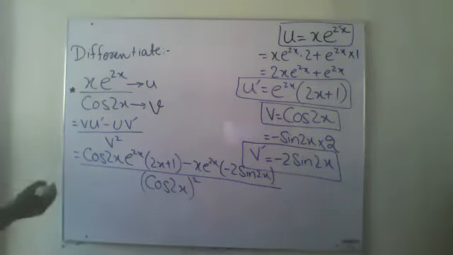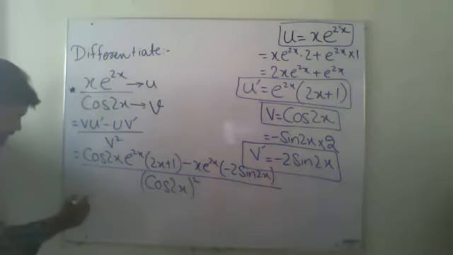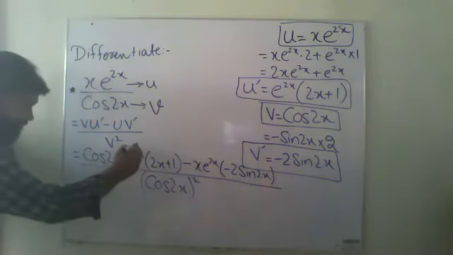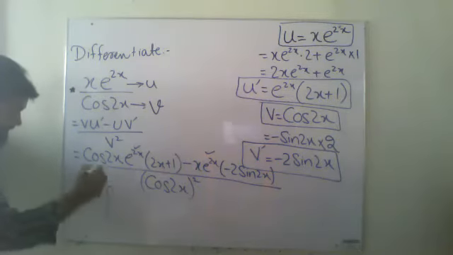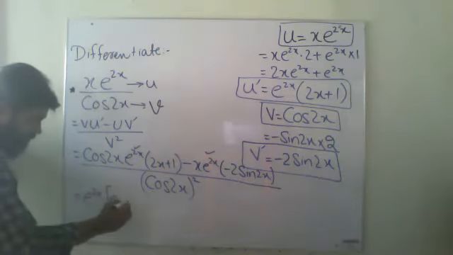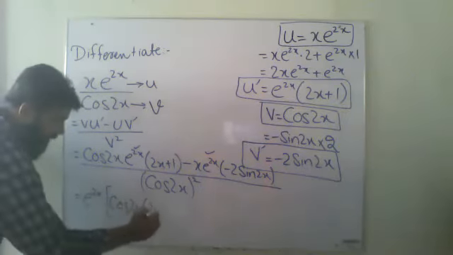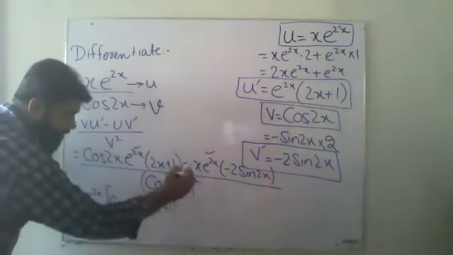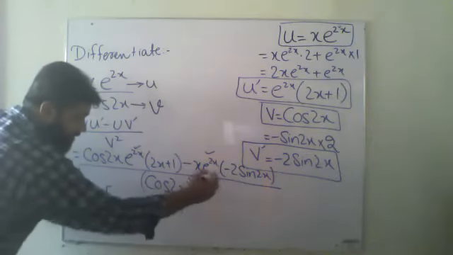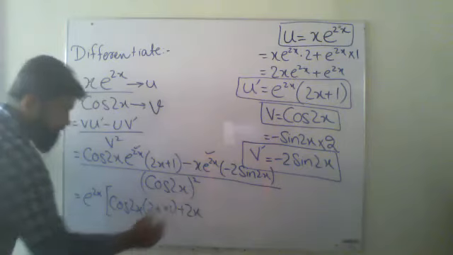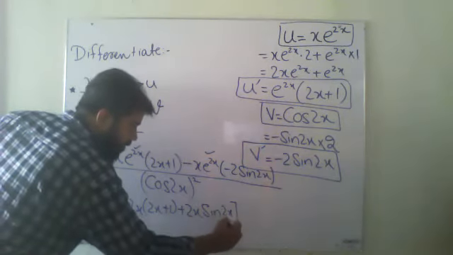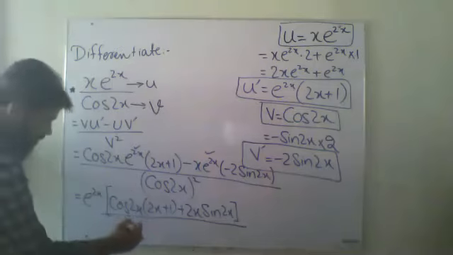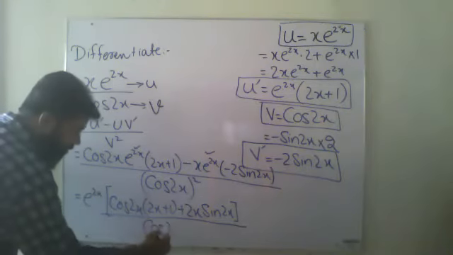So e to the power 2x is taken common from here. So what remains inside? cos 2x multiplied by 2x plus 1, minus minus plus 2x sine 2x, over cos 2x whole square.